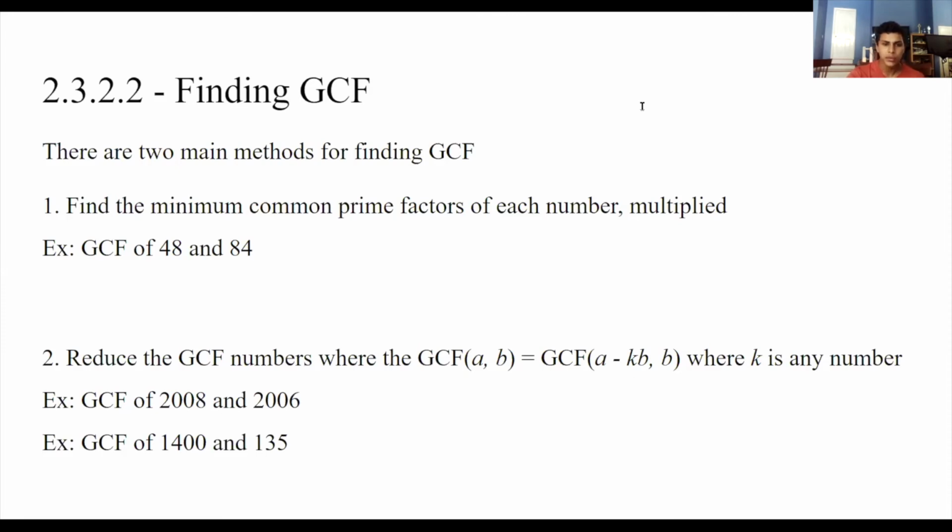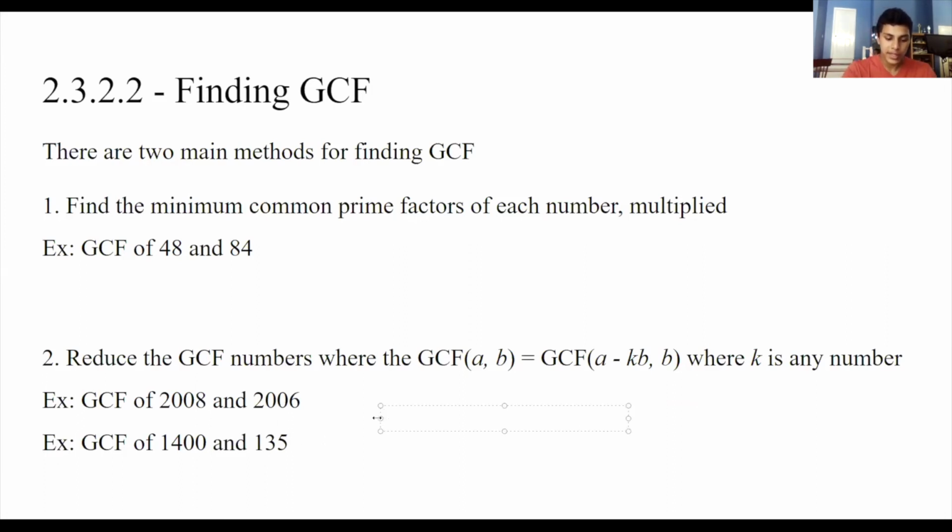And since this one's a little bit more confusing, I'm going to do one more example where I have 1,400 and 135. This is where you definitely want to use this method more, because with the 2008 and 2006 example, you might be able to figure it out in your head. But for this example, it's a little bit harder.